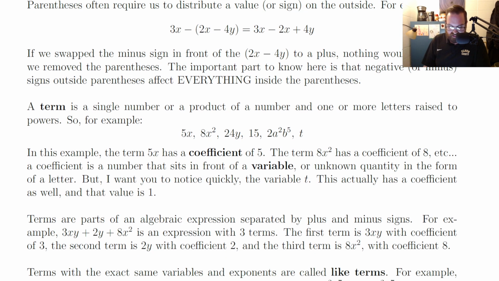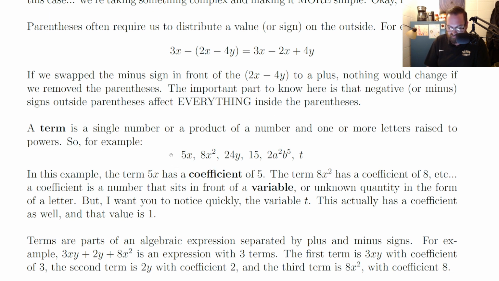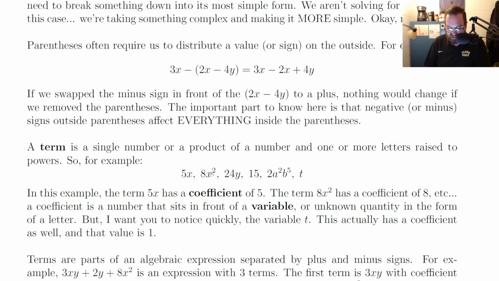All right. Another terminology thing that we are going to be talking about is the word term. A term is a single number or a product of a number and one or more letters raised to powers. I have a few examples here: 5x, 8x squared, 24y, 15, 2a squared b to the fifth, and, for example, t.